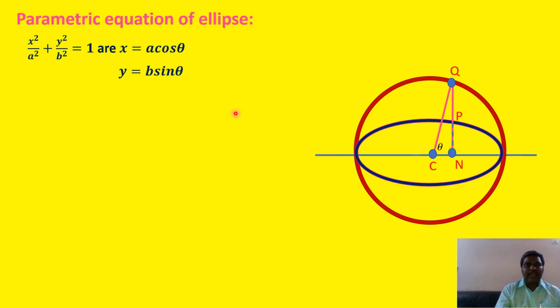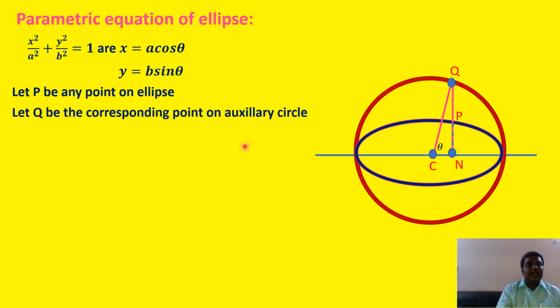Let P be any point on the ellipse as shown in this figure. Q is the corresponding point on the auxiliary circle.